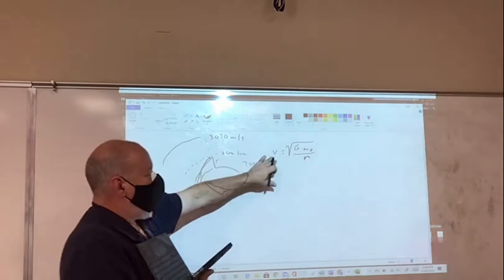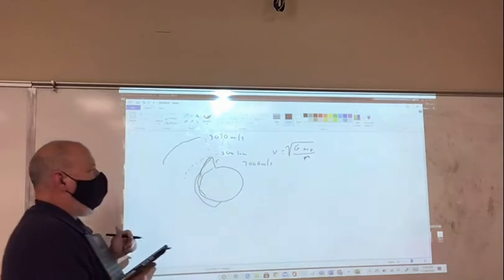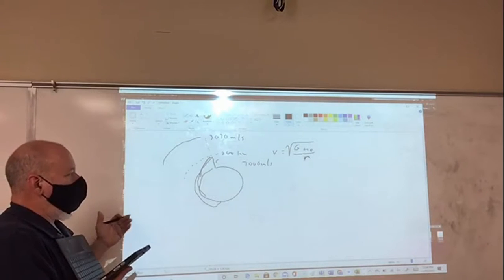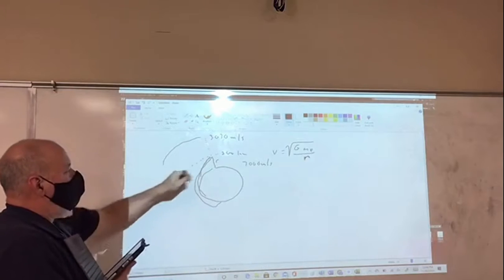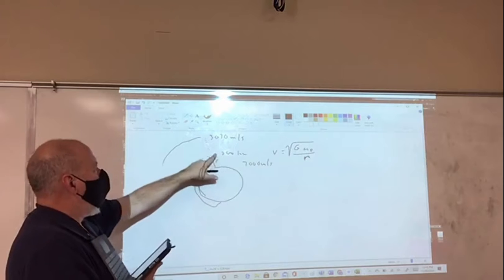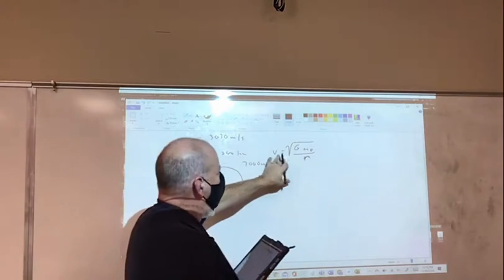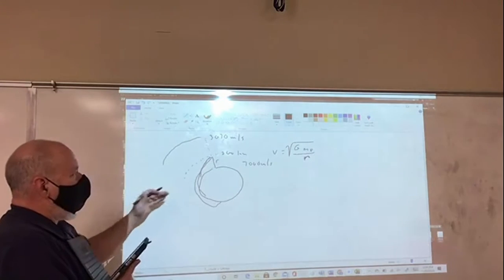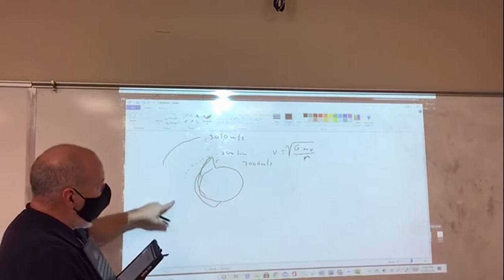This is just the minimum velocity for me to be at if I want to be in a circular orbit. Okay, this is what's required for a circular orbit. If on the other hand I'm in a circular orbit and I'm at that velocity that is required by the radius, if I sped up, I'm more likely to increase where I go.